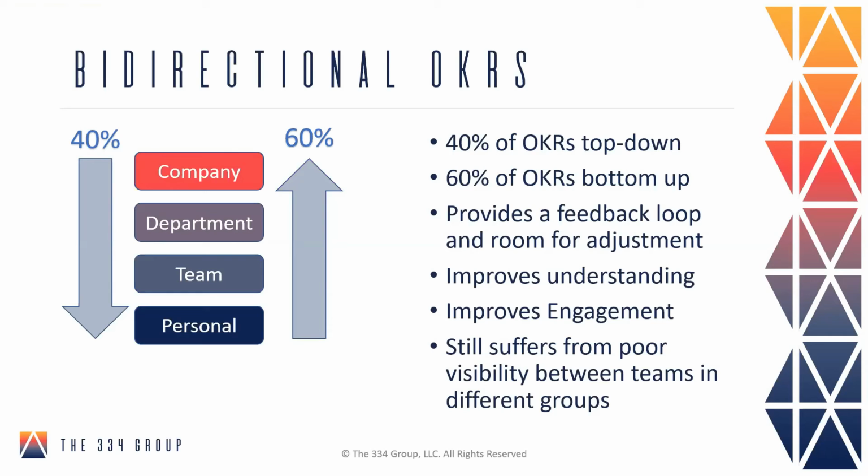A slightly better way to create alignment is through bidirectional OKRs, and I feel like this is kind of the minimum implementation. With bidirectional OKRs, we're still going to cascade some OKRs down from the enterprise level, and in that way we create alignment to overall enterprise strategy.